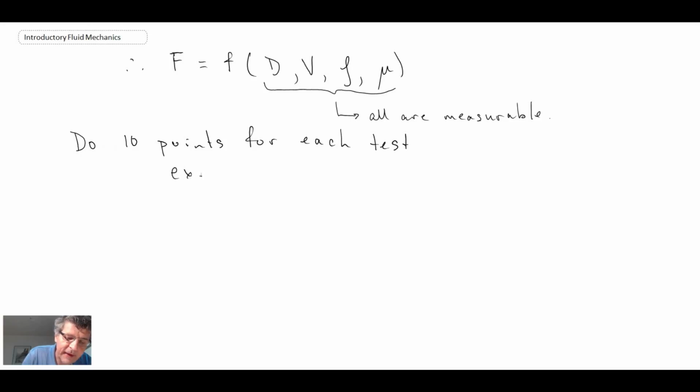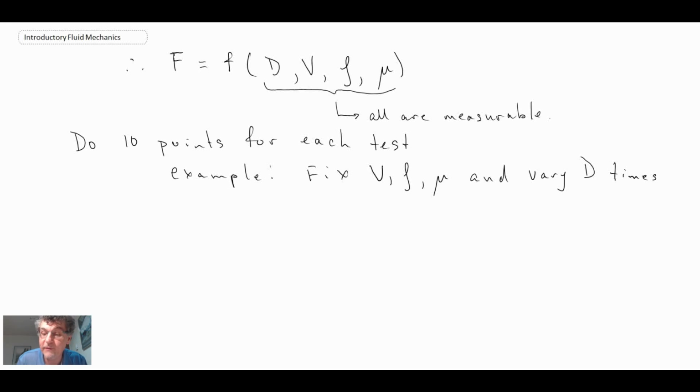An example of that: let's say you do an experiment where you fix the velocity, the density, and the viscosity, and you vary d 10 times. So you have 10 different diameter spheres, and you evaluate the drag force due to 10 different diameter spheres after you fix velocity, density, and viscosity.